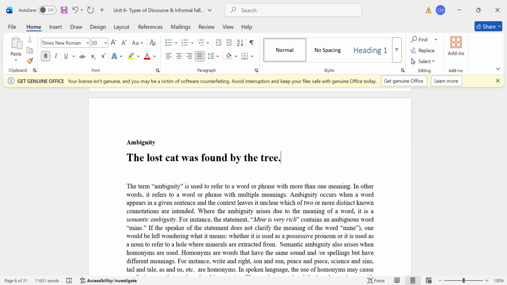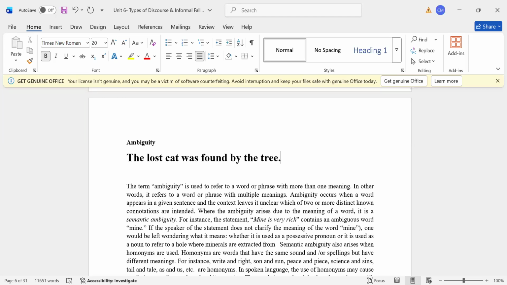So Solomon, what does it mean to you? So it means to me that the cat that was lost was found by the tree. So the tree found the lost cat. Is it the tree that found the lost cat? But Solomon, what do you mean?